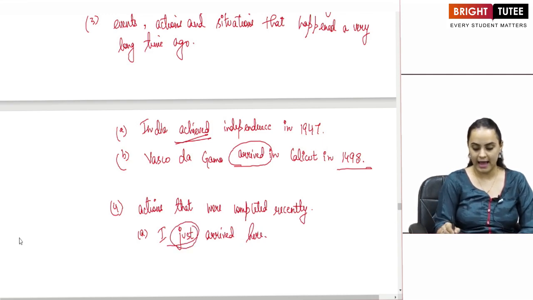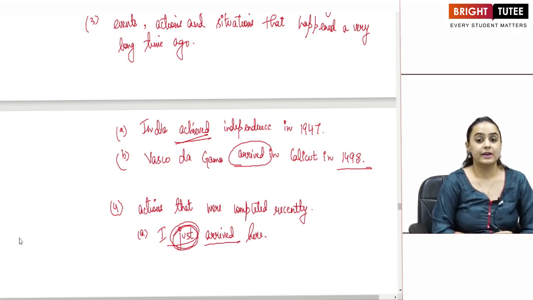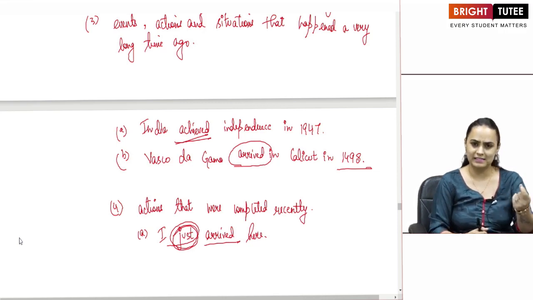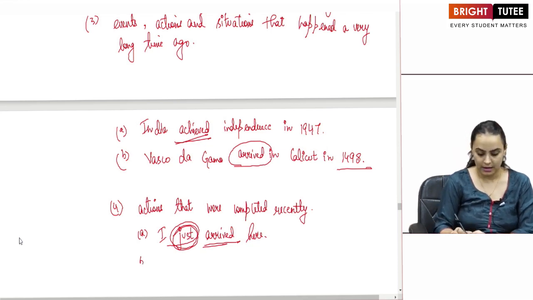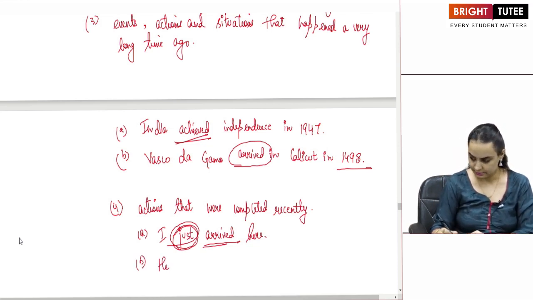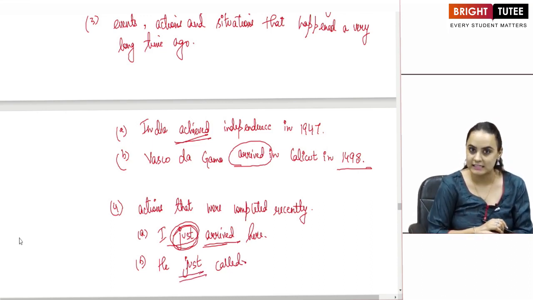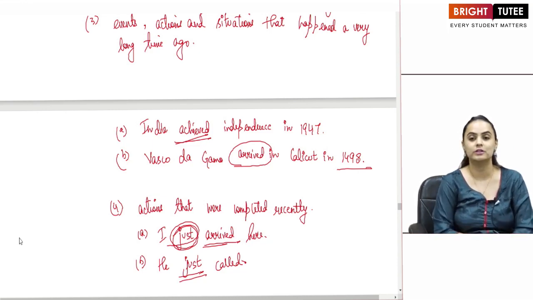So adding just, which is an adverb, it is very clear that this action, me arriving here, has taken place very, very recently. So that is why the simple past tense. If I say he just reached home, again the adverb just telling me that the action has completed very recently. So for that also we use the simple past tense.